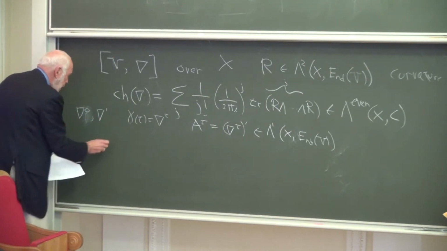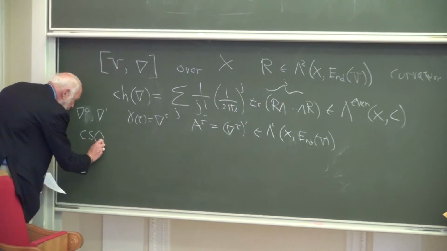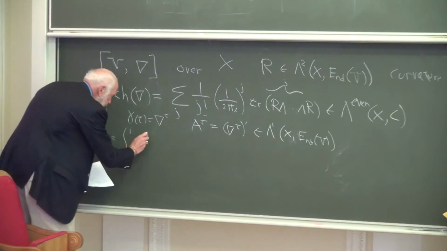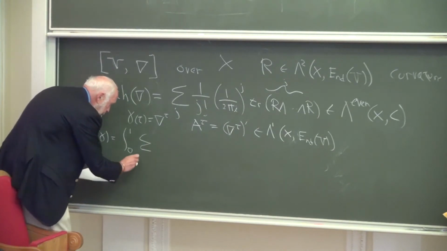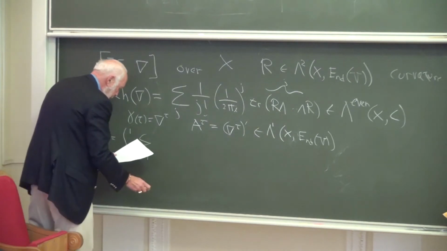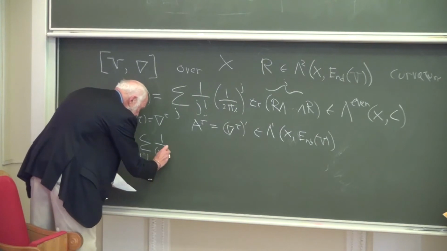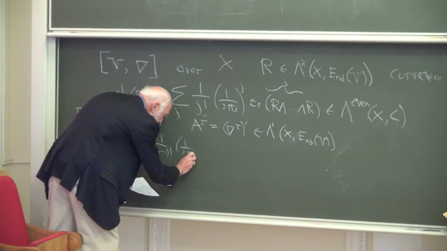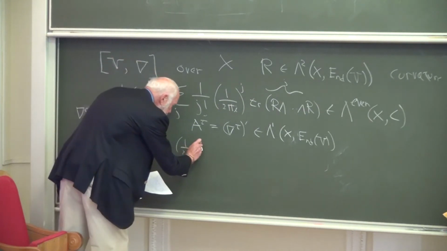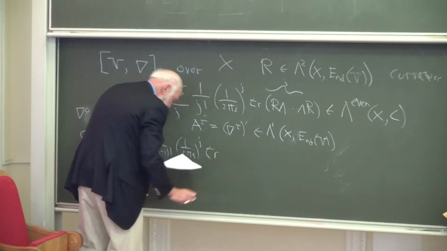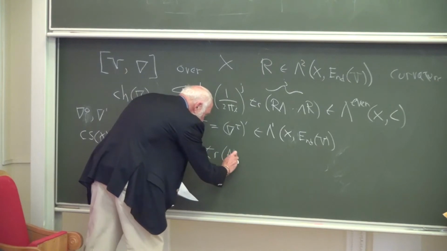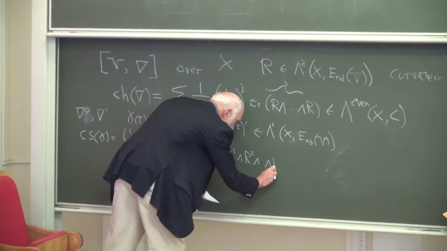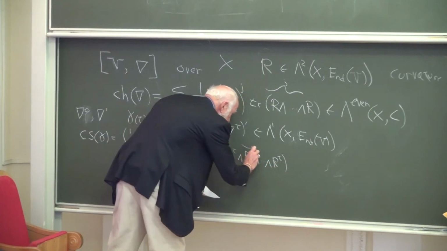It looks like it depends on this curve, so we'll call it CS of gamma, and that equals the integral from 0 to 1 of the sum on j, starting at 1, of 1 over j minus 1 factorial, 1 over 2 pi i to the j, times the trace of a upper t, wedge R upper t, j minus 1 times.